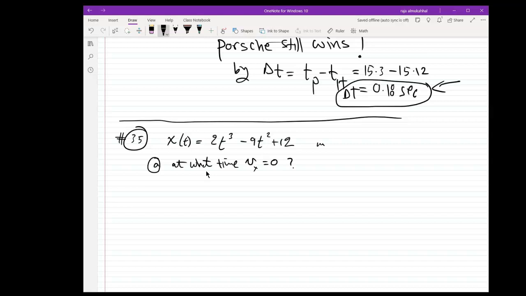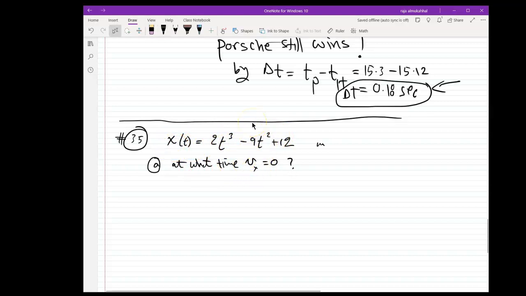Okay. So how do we do this one? Well, he wants to know the time when the particle stops. Basically, that's the meaning of it. Or times could be more than one, maybe. We don't know. So the first thing I need to do is, I'm given the distance function or the position function or the position vector, call it whatever you like. It's this one right here. So from this, I can get my velocity.